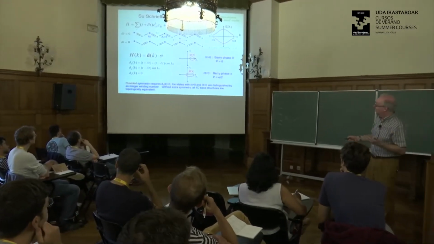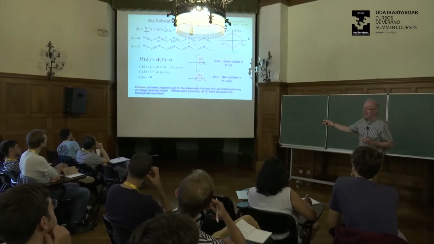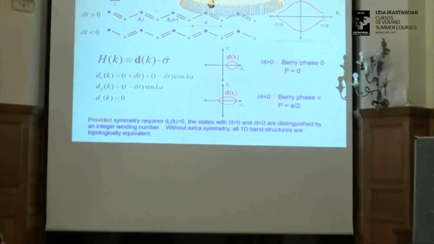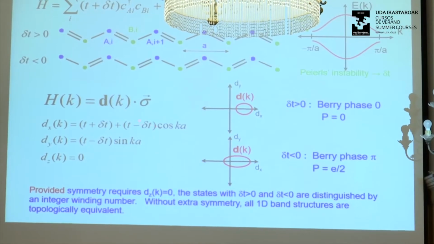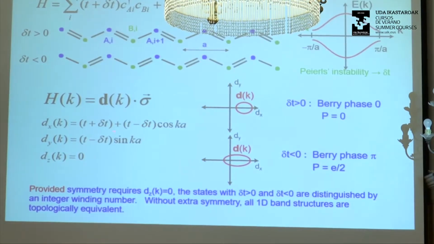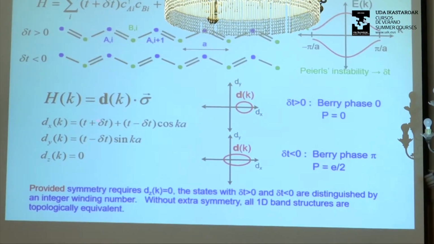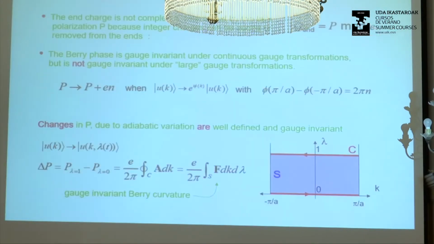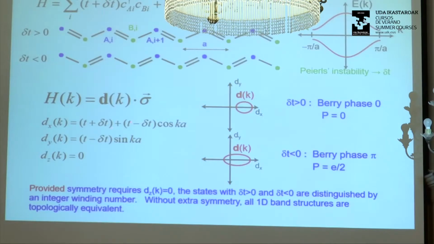Let's compute the Berry phase of this quantity, and it depends on whether this delta t is positive or negative. If delta t is positive, then you can see that dx never gets to 0. And so if I sweep out in the sphere, of course it's always going to be on the equator, right? Because dz is equal to 0, so I can draw it in the xy plane.